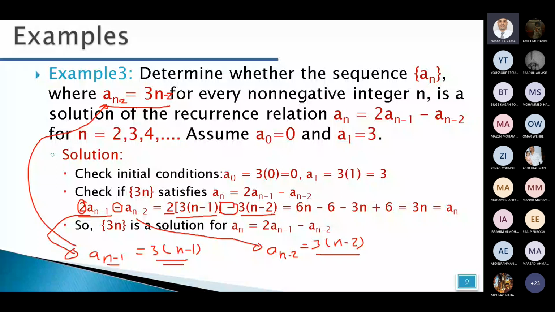So it's 3(n minus 2). Just simple calculation now. 2 multiplied by 3 multiplied by n, so it's 6n. 2 multiplied by 3 multiplied by minus 1. So 2 multiplied by 3 is 6, multiplied by minus 1, it's minus 6.